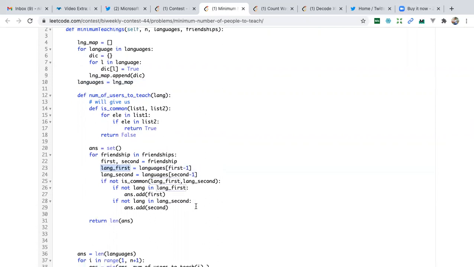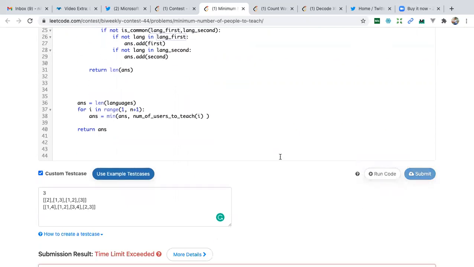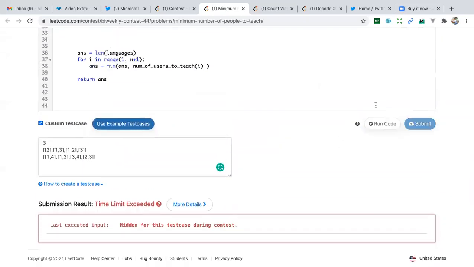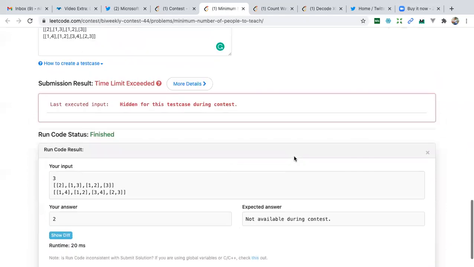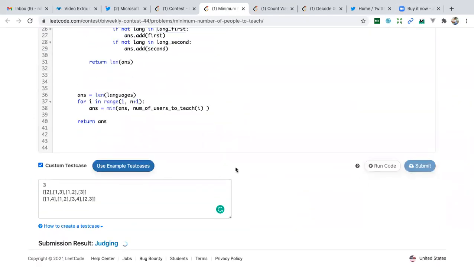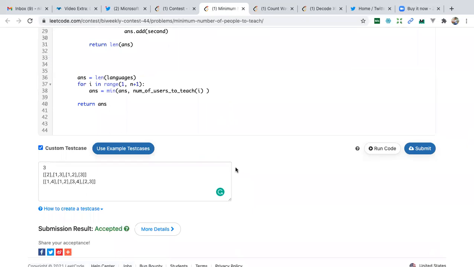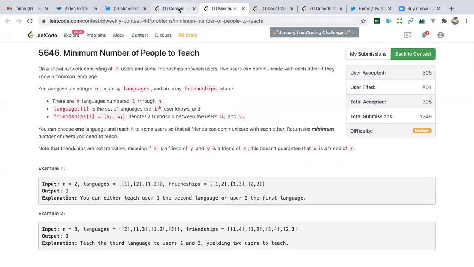Yeah, so it should be optimized. Let's see. We're still getting the error. Yes. Yeah, it got accepted. Great. Okay.